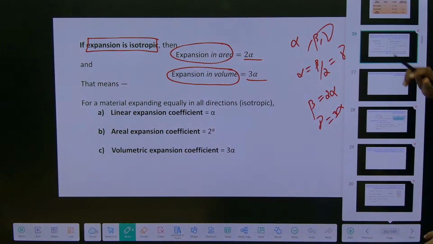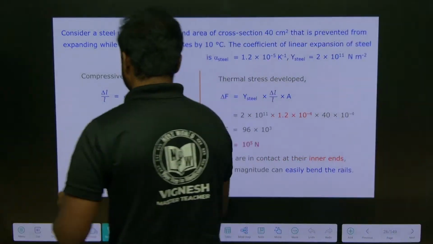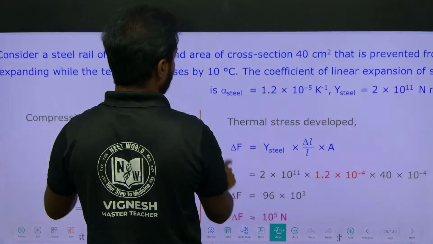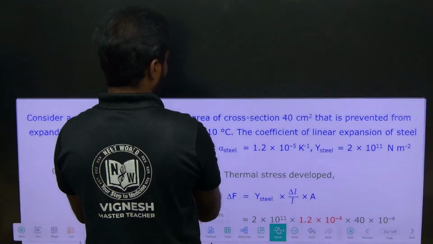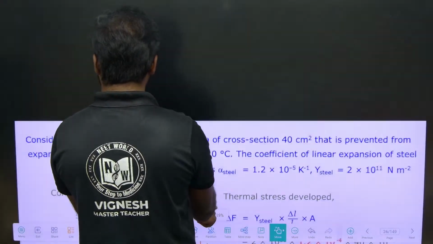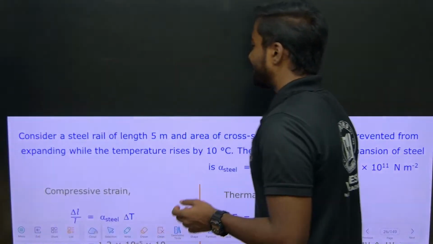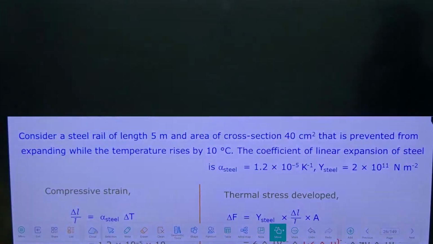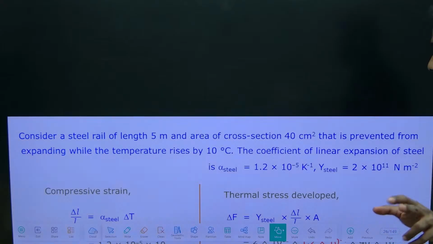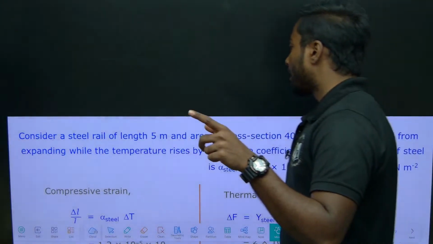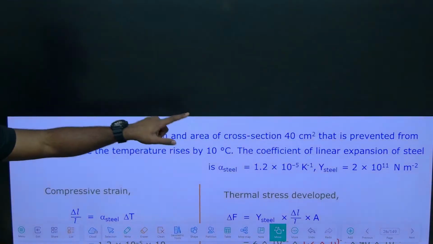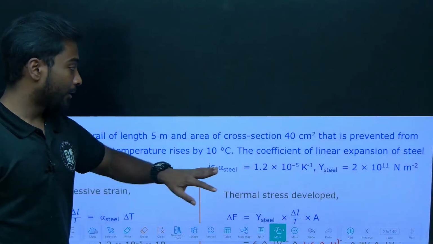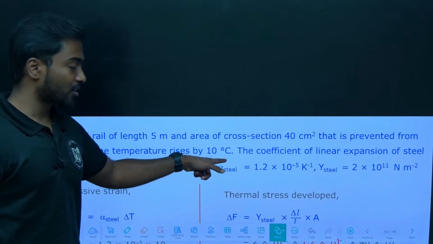So we will solve some questions now. I guess the question is visible. Consider a steel rail of length 5 meter and area of cross section 40 centimeter square that is prevented from expanding while the temperature rises by 10 degrees Celsius.